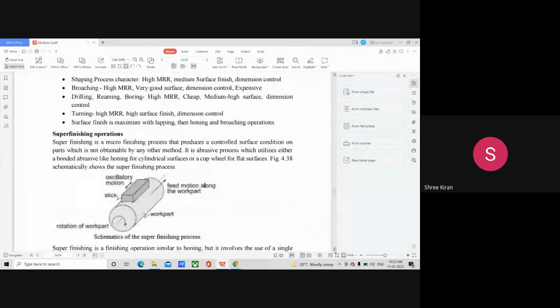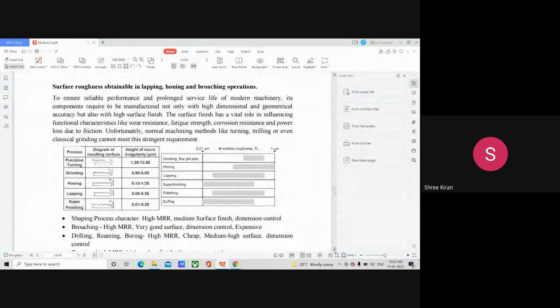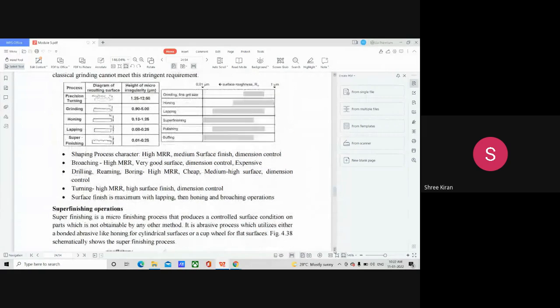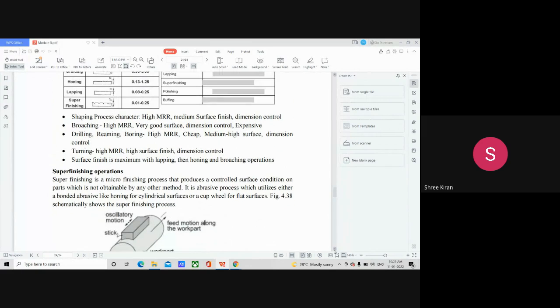Finally we have the super finishing process, which comes under surface operations like lapping, honing, and broaching. All of this is mainly named the super finishing process operation. By this, we almost come to the end of the module.